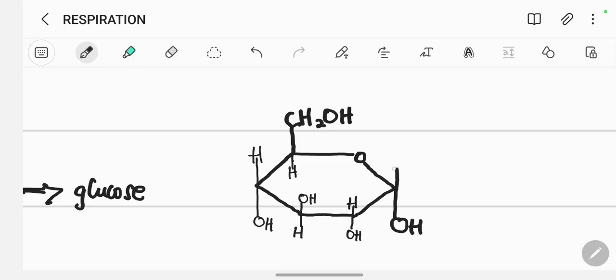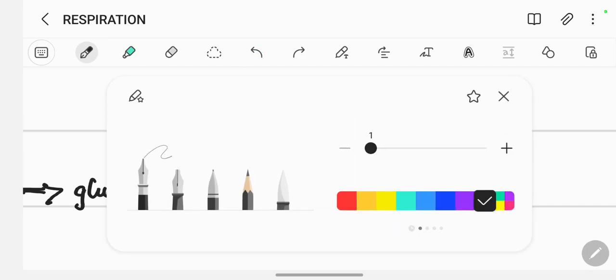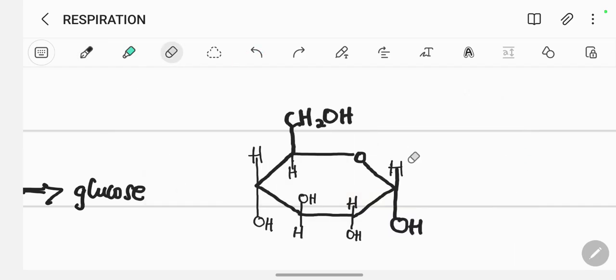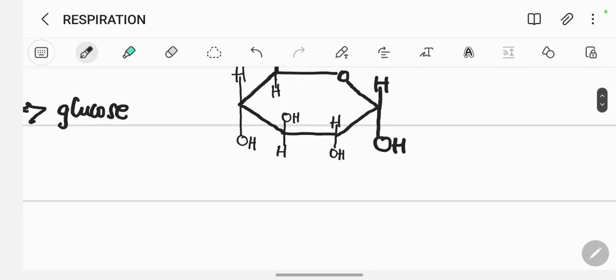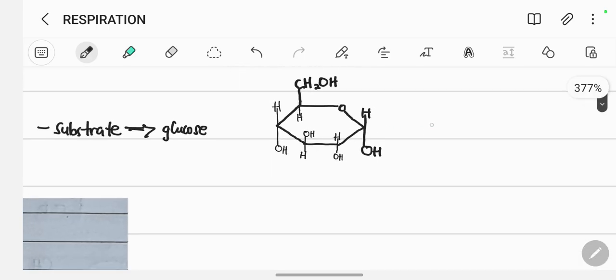So this is H. I'm going to use my example there. That one is our structure of glucose. Which glucose? Alpha glucose.